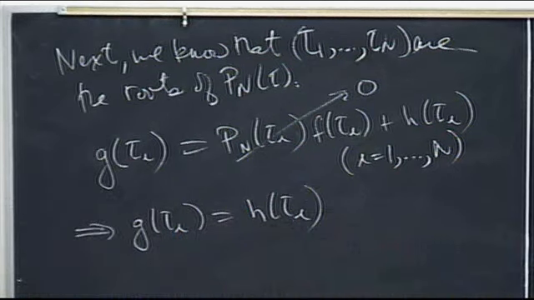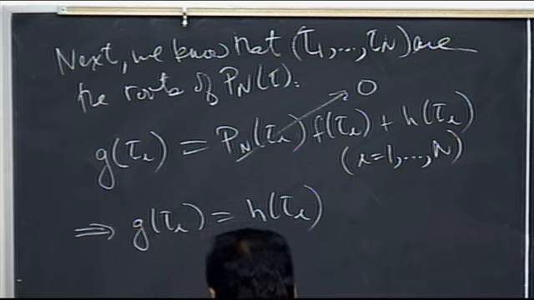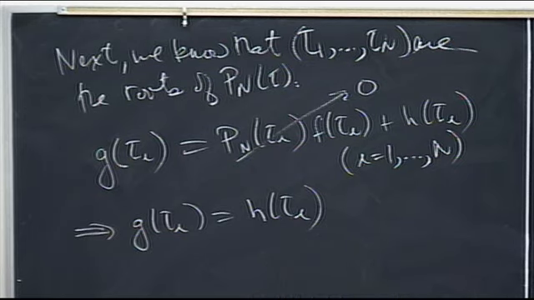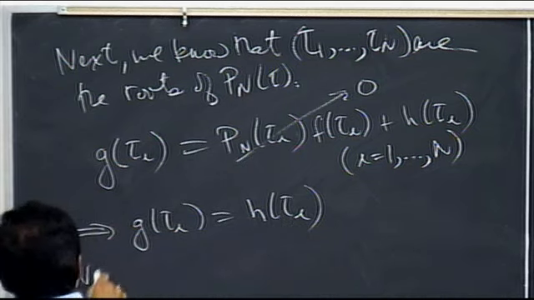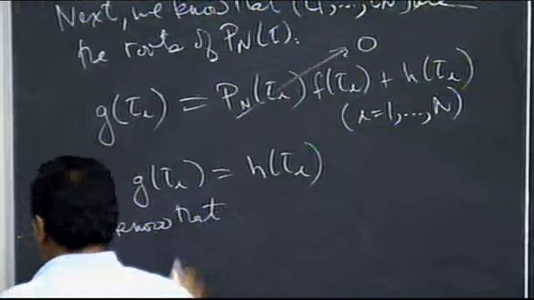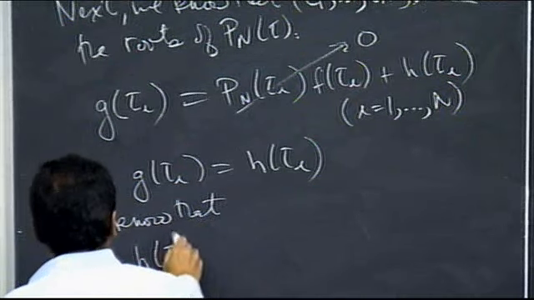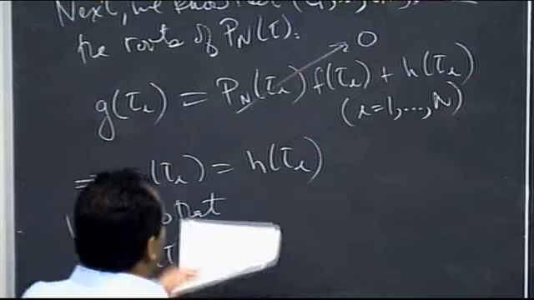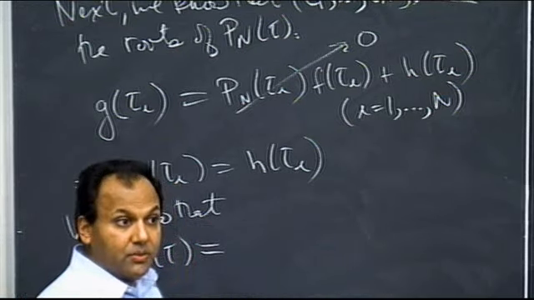So what that says is that I can replace, if I'm doing this now with a quadrature, I can make the following substitution. We know that h of tau is a polynomial of degree at most n minus 1, right?